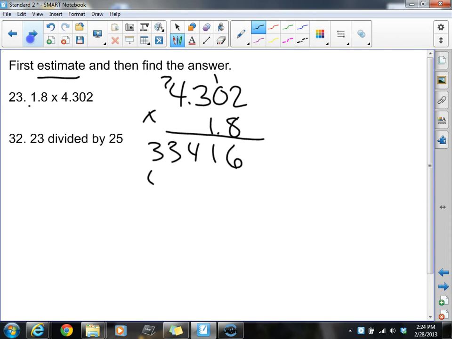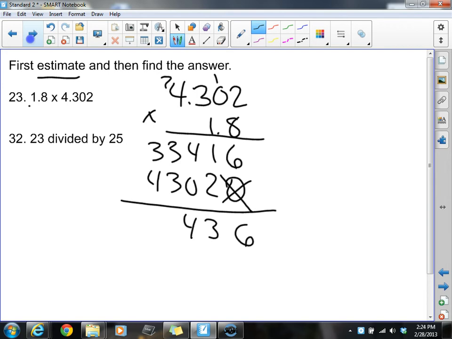Now I'm going to go 4302, remember I have my spacer in there, and then I'm going to add, so 6, 3, 4, 6, 7, and I count my decimal places: 1, 2, 3, 4 decimal places. Bam, right there. Remember my estimate was somewhere around 8. Well, 7.6, that's pretty close to 8. So my answer is right there.